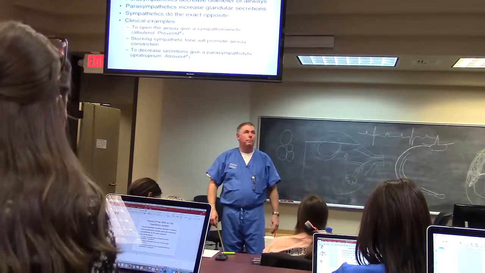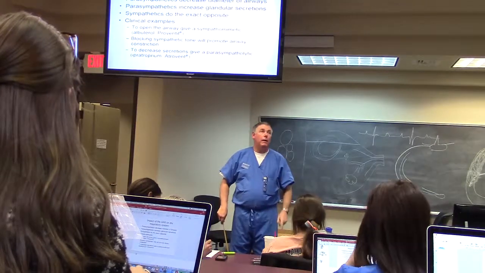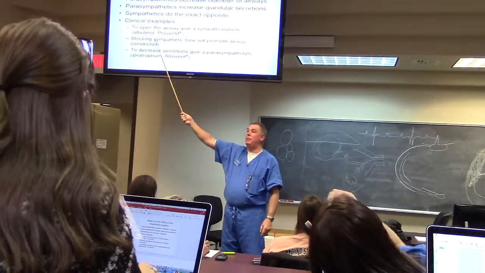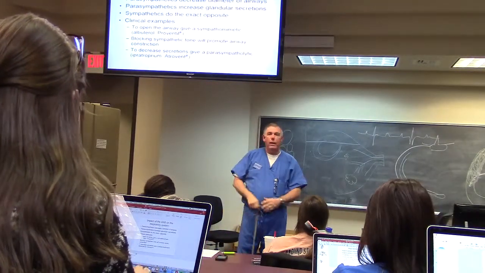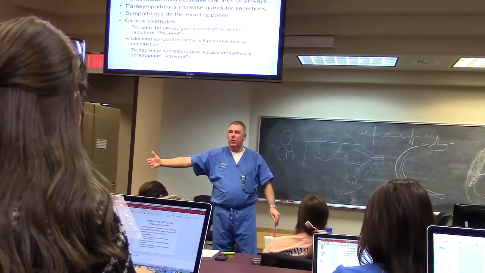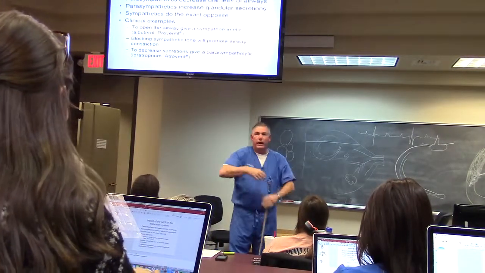A lot of them. Now, the thing you don't want to do with an asthmatic is you don't want to block sympathetic tone. If you block sympathetic tone, that means the parasympathetics would dominate. You'd wind up with a constricted trachea and secretions.